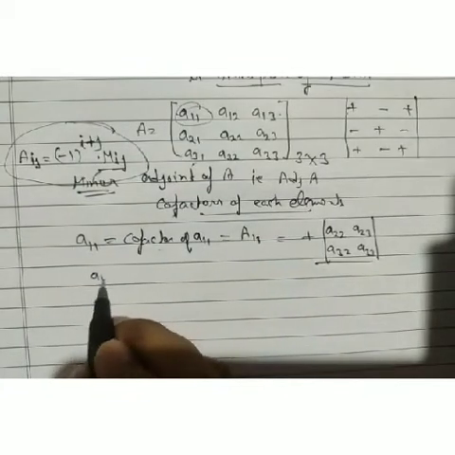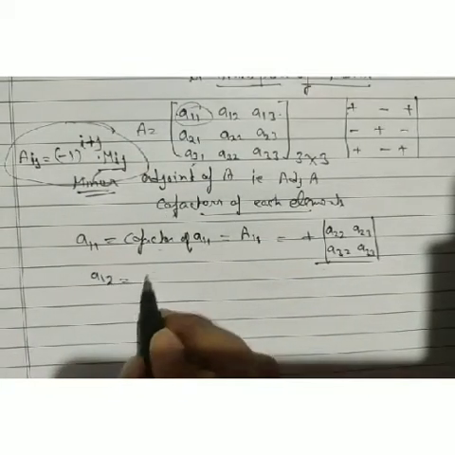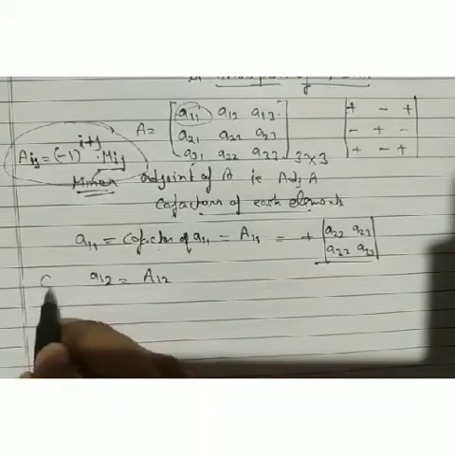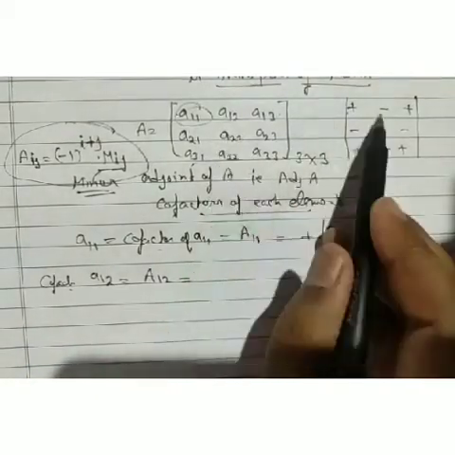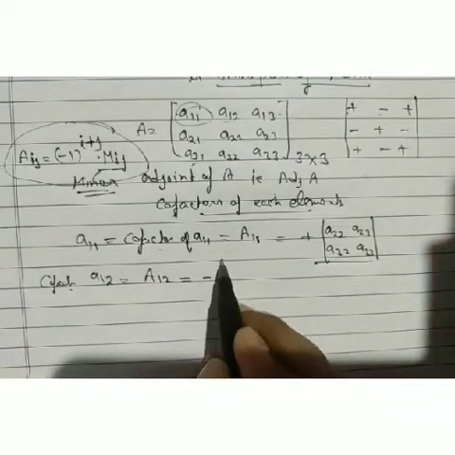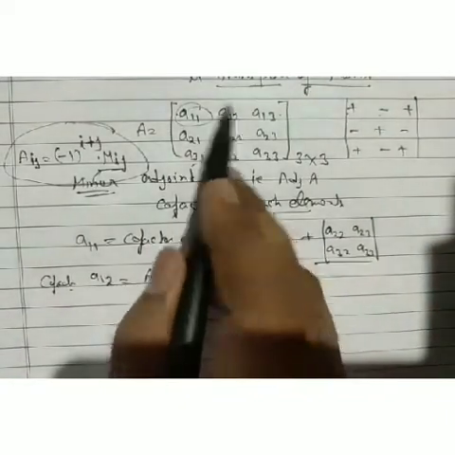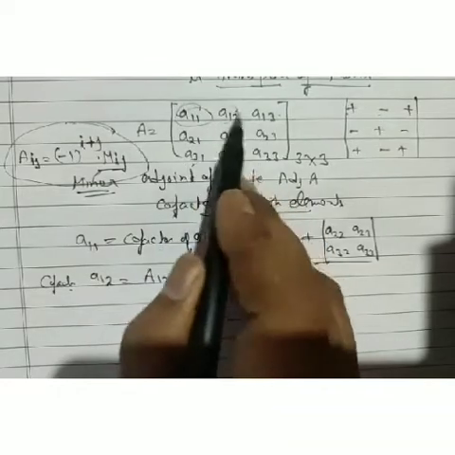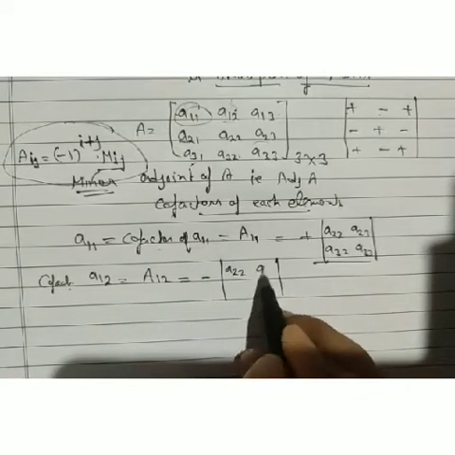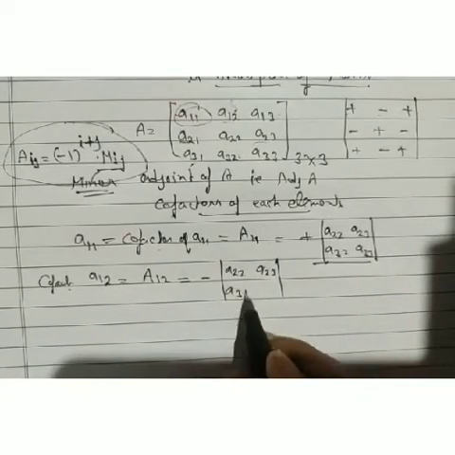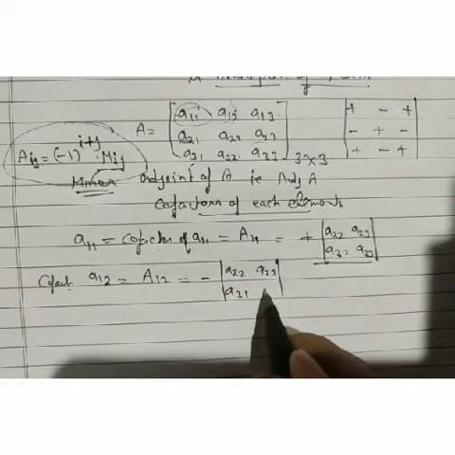Then we find the cofactor of a12. This takes a minus sign, and the respective minor of a12 is obtained by deleting this row and this column. Then we have a21, a23, a31, a33.